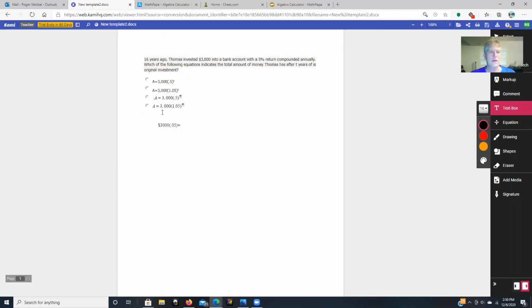So I am going to just remind you from our last lesson that what we're doing is taking the original amount and then adding 5%. The way we calculate 5% is we take 3,000, we multiply it by 0.05, and in this case, that's going to give us $150.